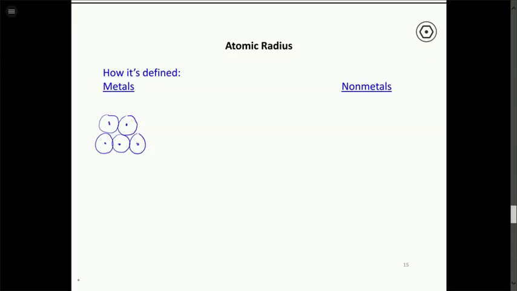So basically for a metal, the atomic radius is given by the distance between two nuclei in a sample of that metal, which we can measure using certain experimental techniques. So that's what we mean by atomic radius. It's half of that distance: 1/2 the distance between adjacent nuclei.